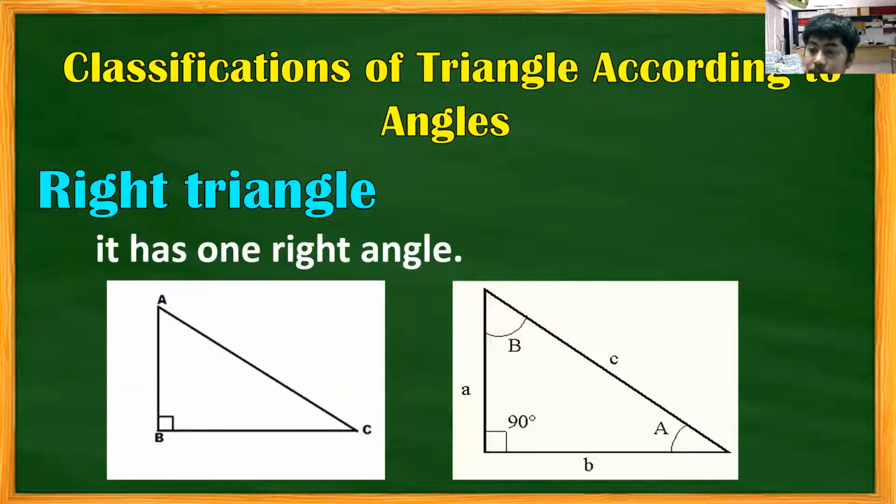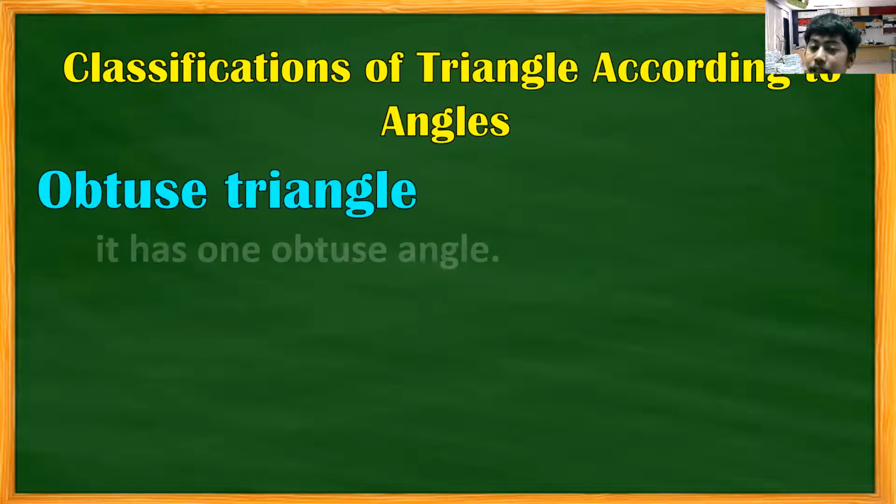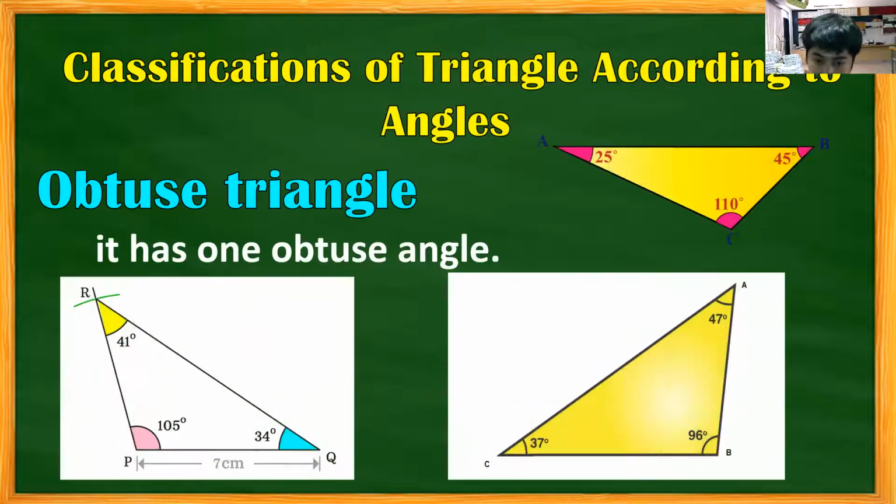The other also measure lower than 90 degrees. And the last one is the obtuse triangle. What is an obtuse triangle? It has one obtuse angle. Therefore, one of its angles measures more than 90 degrees but does not exceed 180. Just like this one, the triangle RPQ with measures of 41, 105, and 34 degrees.